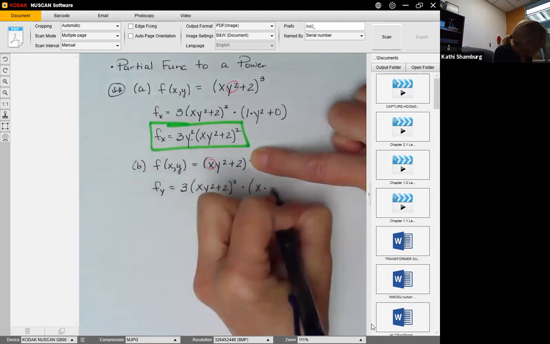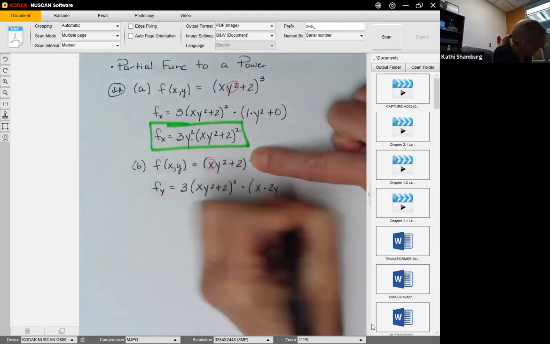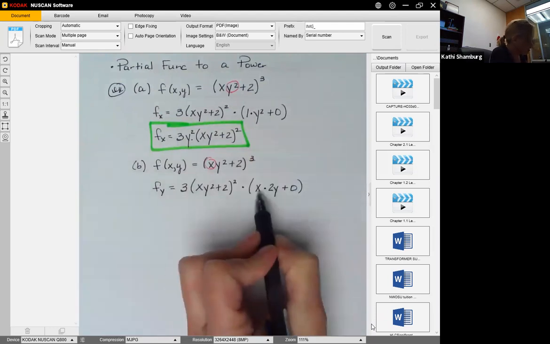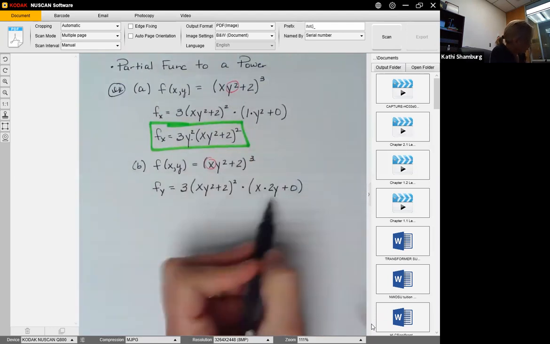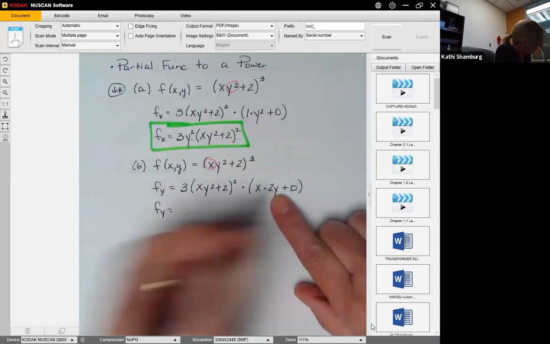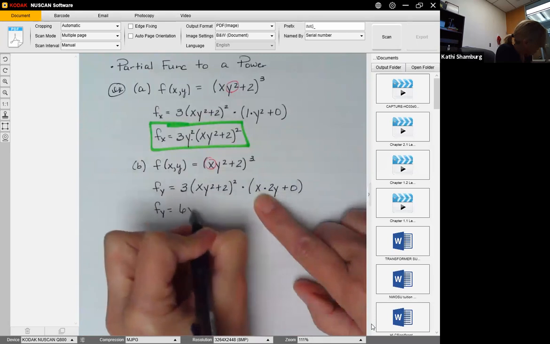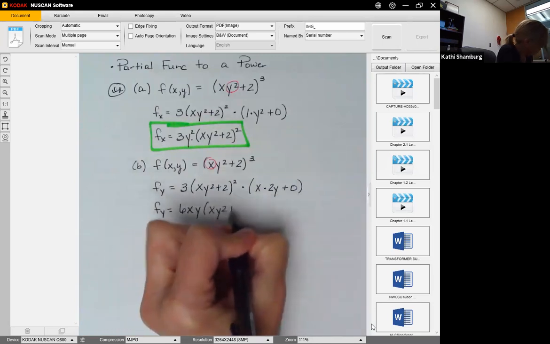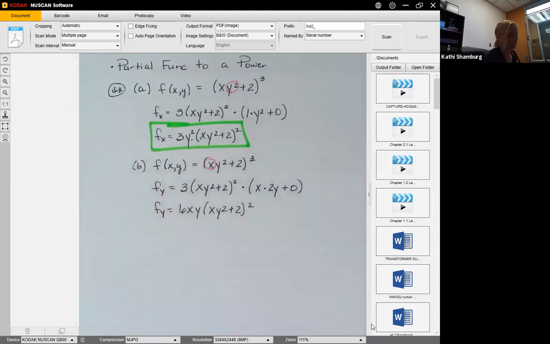The derivative of y squared is 2y, and of course the derivative of 2 is 0. So this is 2xy. So in cleaning it up, I'm going to multiply 3 times 2, which is 6. Then we have this x, this y, and then xy squared plus 2 squared.